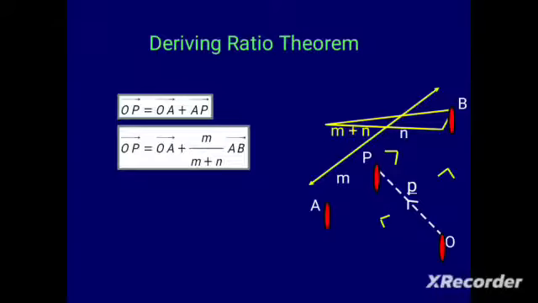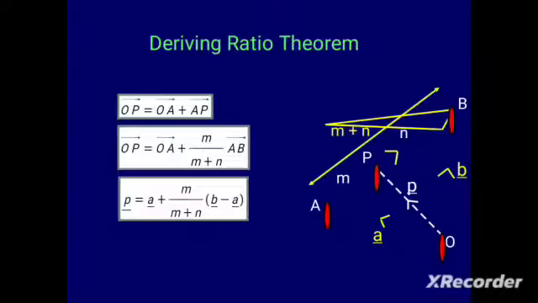Now we need to move to the third part. Before that, we need to know that OP is the position vector, and it is represented by small vector P, OA by small vector A, and OB by small vector B. Now, we have OP, being small vector P, equal to small vector A plus the fraction M over M plus N into bracket AB.